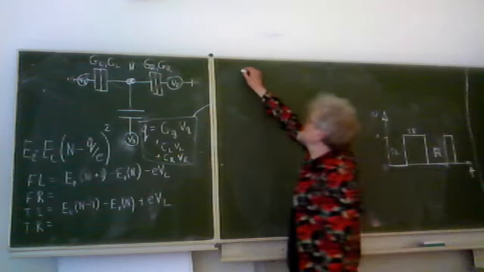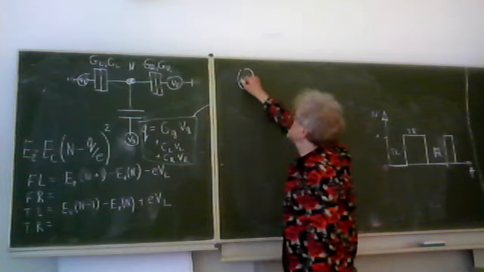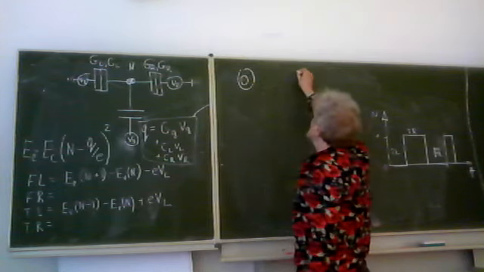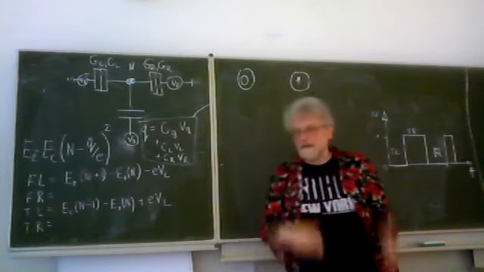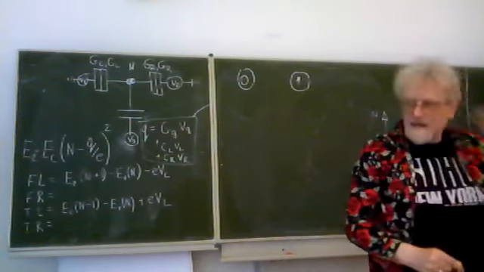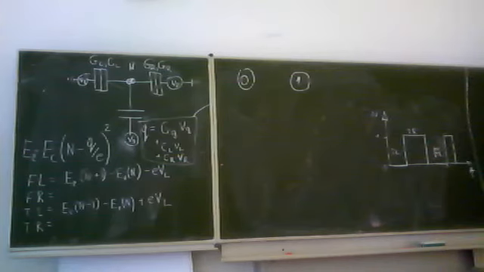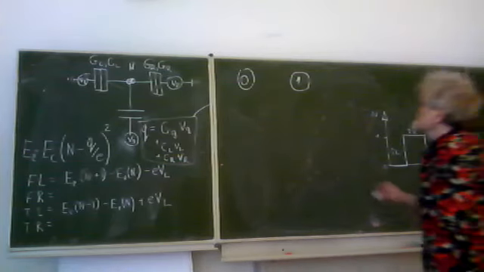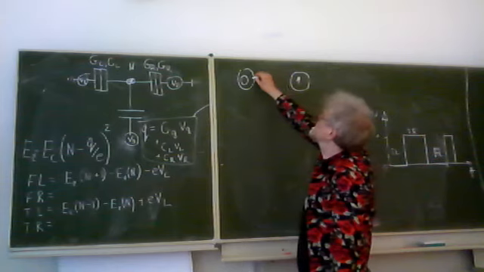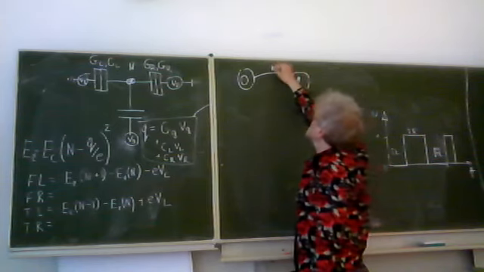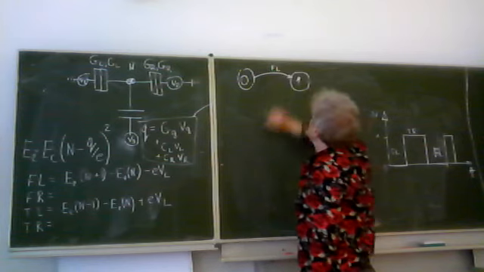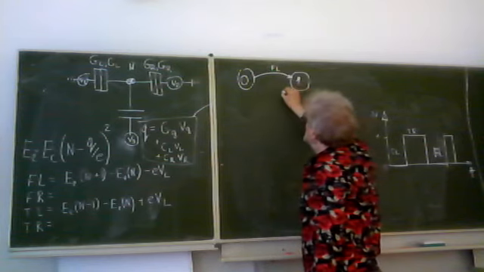What are the possible states? They correspond to 0 and 1. Let me write a simple diagram representing the transitions between the states. So one can go from 0 to 1 with the rate we call Γ_L, and it can get back.